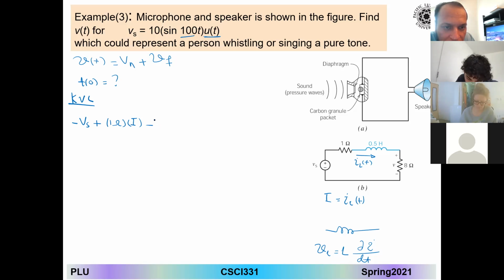Then we can see it later. Next, plus, sorry, here's the plus, not negative. Plus V, that's what I am looking for, V of t. The entire thing equals 0.